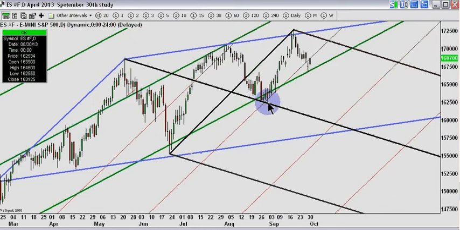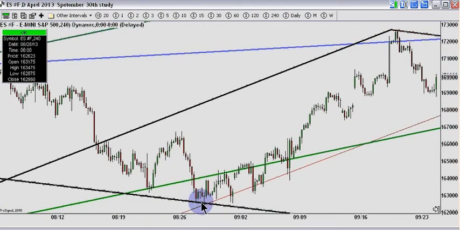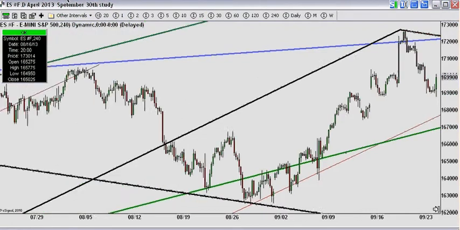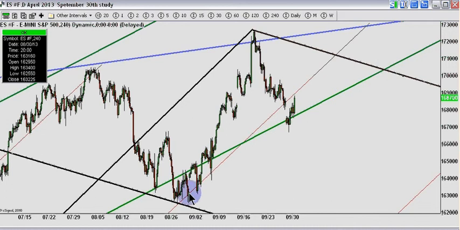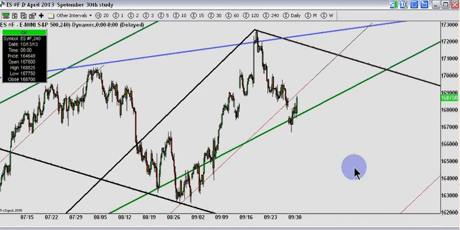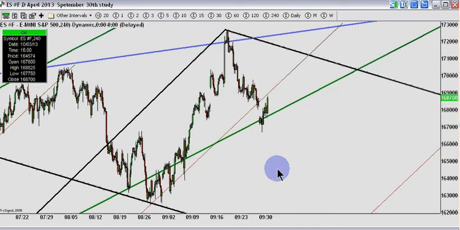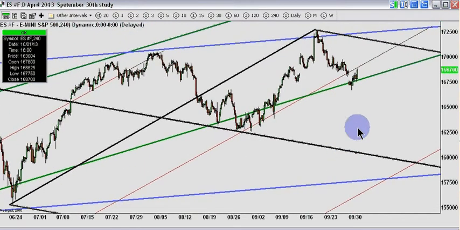I've looked at this in quite some detail, and there is some very good price correlation, not only with this upsloping reaction line, but with these bars here, these two. That gives me some indication that we may have a fork in play. Now we'd obviously need to make a break of this line and charge down towards, I mean, that's a long way off considering we're hovering around 1687.